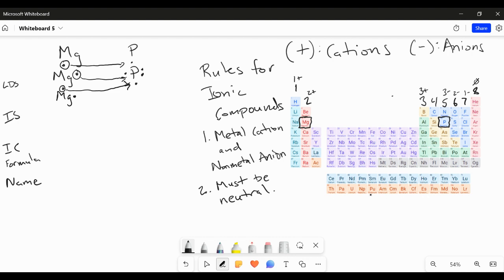But this phosphorus can't take anymore. So we're going to make another phosphorus. It donates 1. But now phosphorus still wants 2 more electrons. So we're going to make 1 more magnesium.